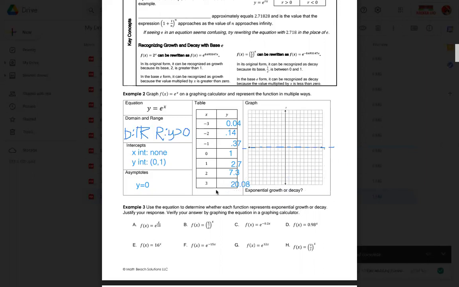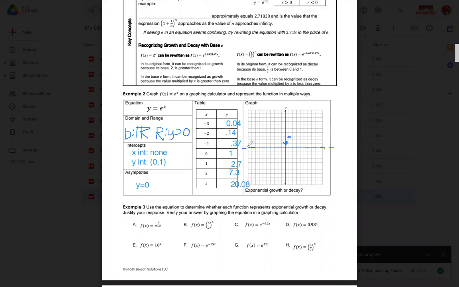Like I said, whenever you're doing these, it's pretty easy to understand. This is the way I remember it: your first point can always be at (0, 1). Your second point, anything to the 1 exponent, is whatever the base number is. So for example, our base number is 2.7, so (1, 2.7). That's where you get your points when you're doing your exponential.